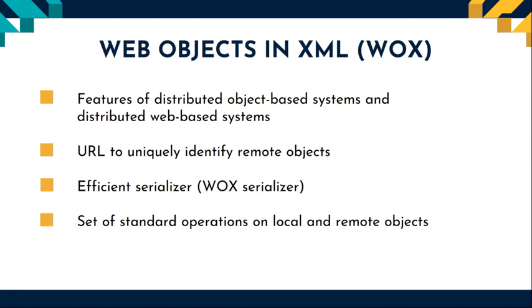WOX has a set of standard and special operations that are applied on local and remote objects. These operations include requesting remote references, invoking static methods, invoking instance methods, destroying objects, requesting copies, duplicating objects, updating and uploading objects, and invoking asynchronous methods, among others.